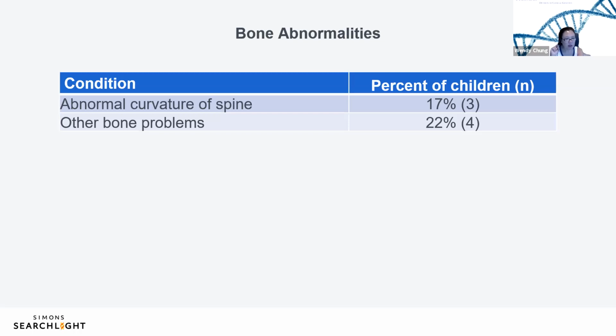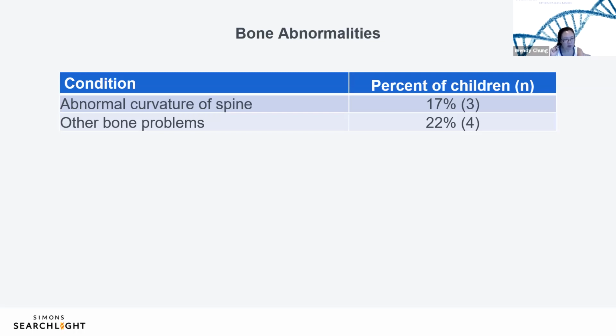And this is something that is important to be able to monitor. In some cases, there are things that can be done that don't require surgery. In some cases, there may be surgery that's required, but it is important because having a straight spine helps in terms of mobility, helps in terms of breathing, and long term, and I mean way long term into adulthood. Setting this up for future health, it is important to keep the spine straight.